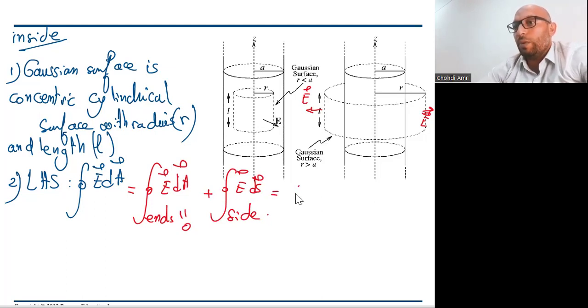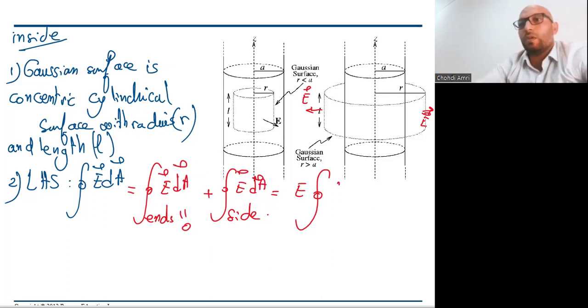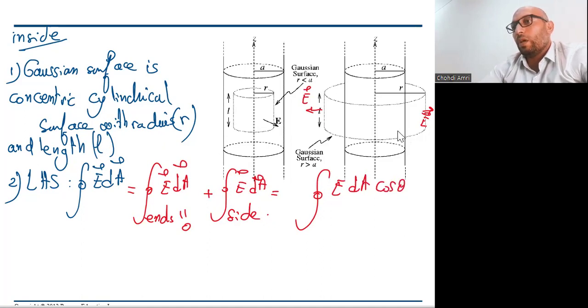For the sides, it will be the integration of E dA. Let's go step by step. So we will write E dA cosine theta. The vector area dA is what? It's radial, perpendicular to the Gaussian surface. Whether it's inside or outside, in both cases the vector dA is perpendicular to the Gaussian surface, so it's also radial.